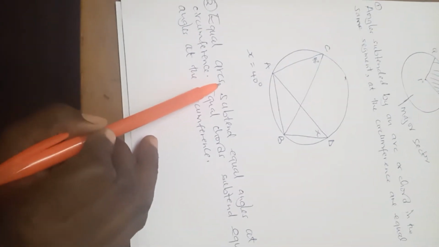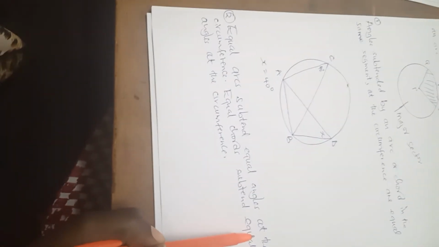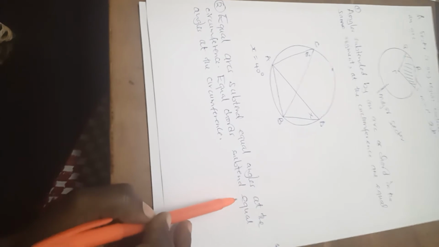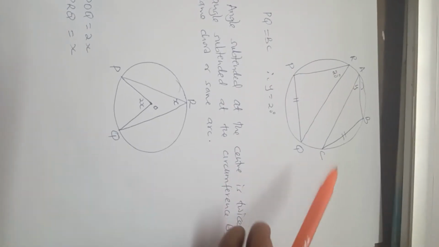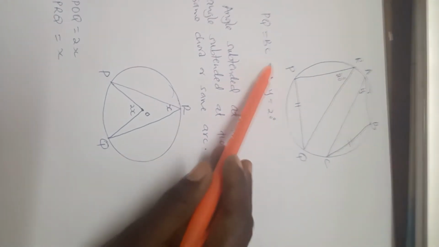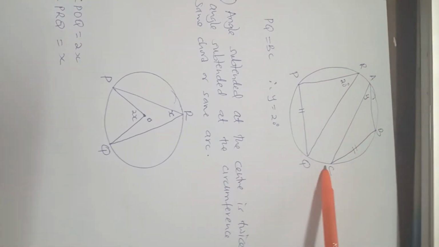The second property: equal arcs subtend equal angles at the circumference. Also, equal chords subtend equal angles at the circumference. A simple illustration, consider this circle with chord PQ being the same size as chord BC.